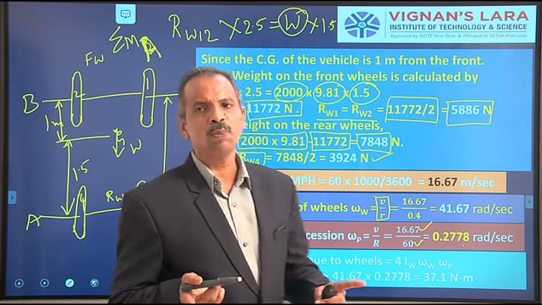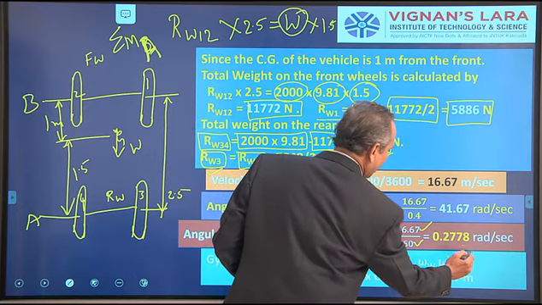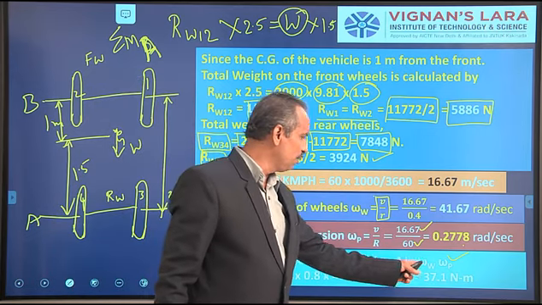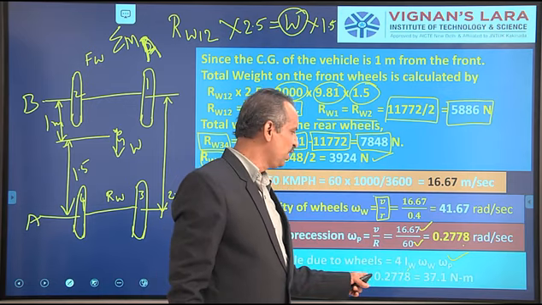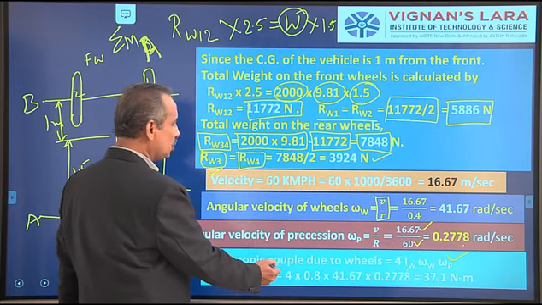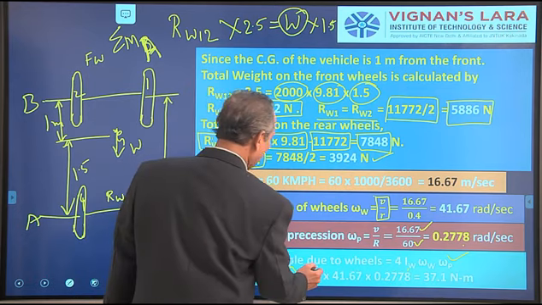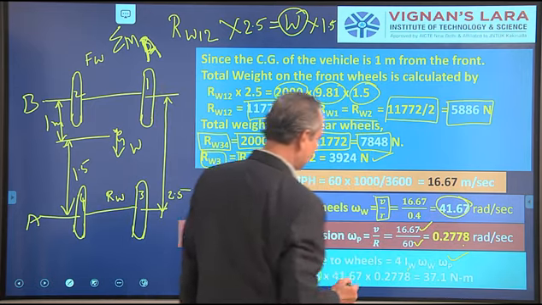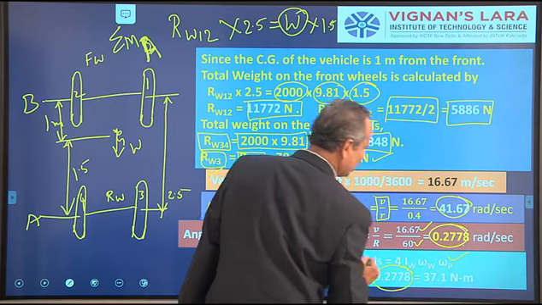The gyroscopic couple due to 4 wheels is 4 Iw omega w omega p, where w stands for wheels. Iw is given in the problem, and omega w and omega p I have calculated, which are substituted completely.